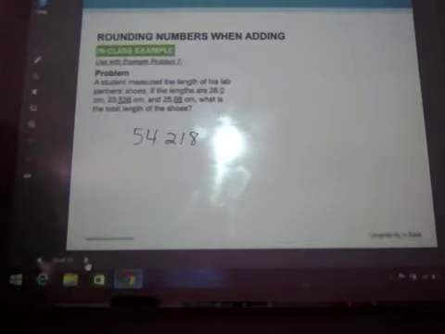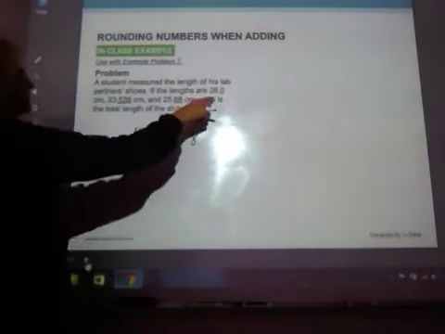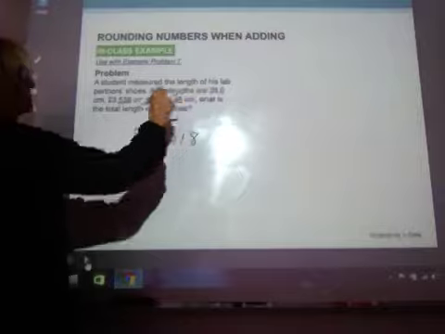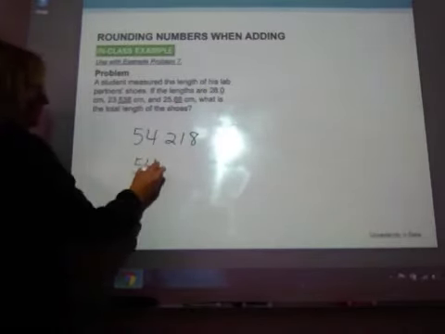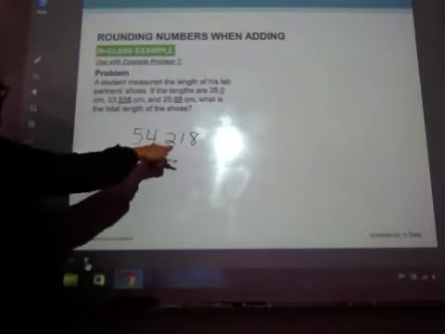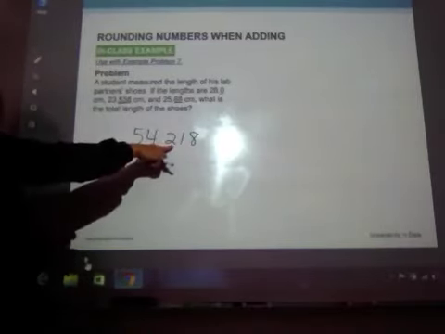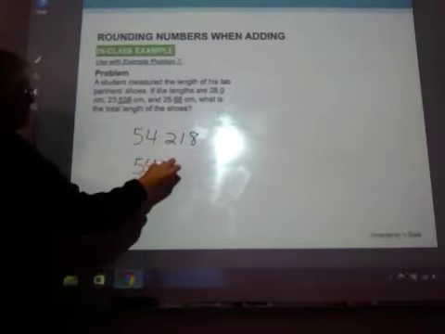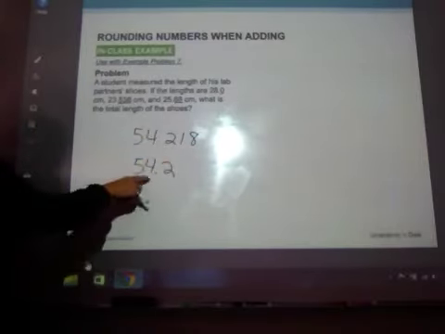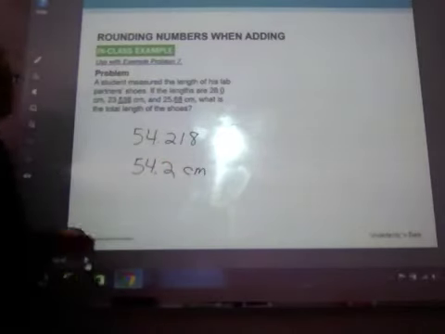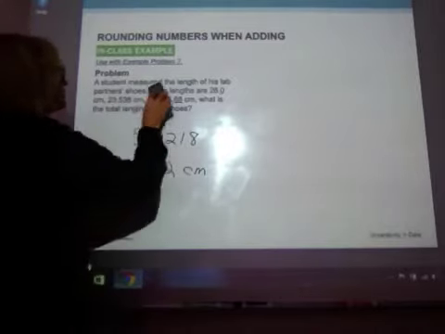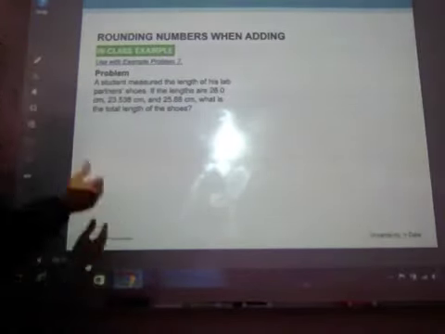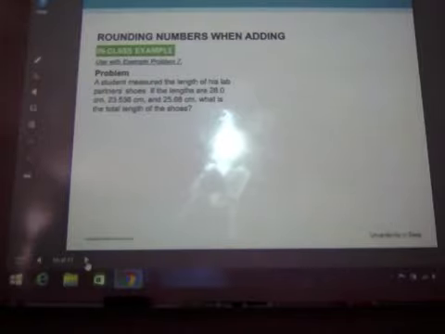I always go with my lowest. So my answer is going to have how many decimal places? 1. So I'm going to write 54 point. I look at this. Does it stay a 2 or become a 3? 2. 1 doesn't round it. So my answer would be 54.2 centimeters. That would be one example of adding and subtracting. You look at decimals.